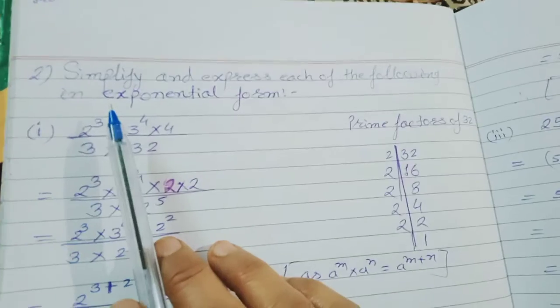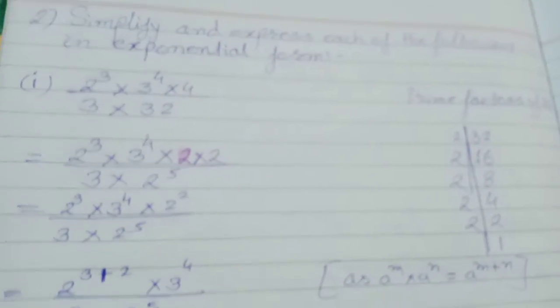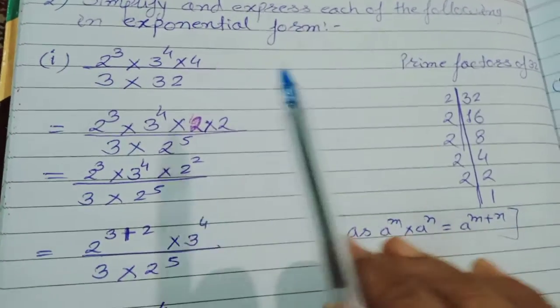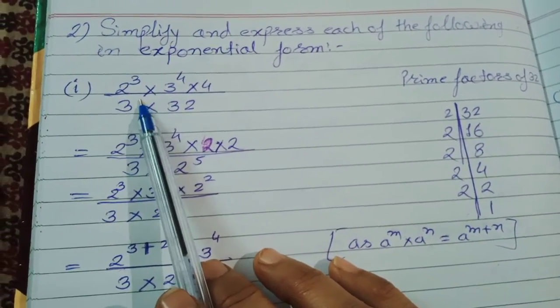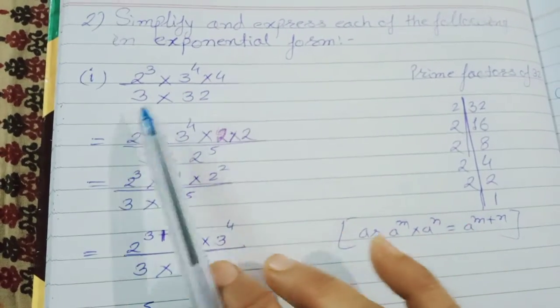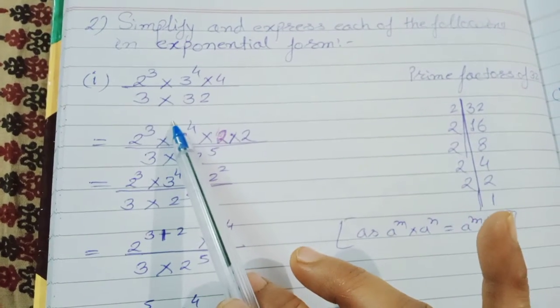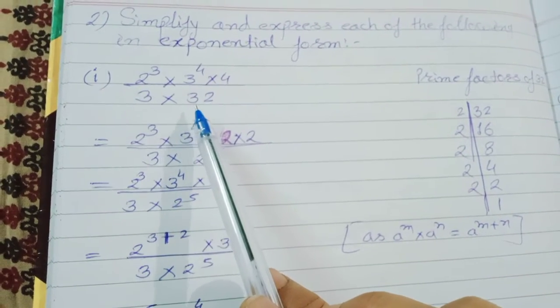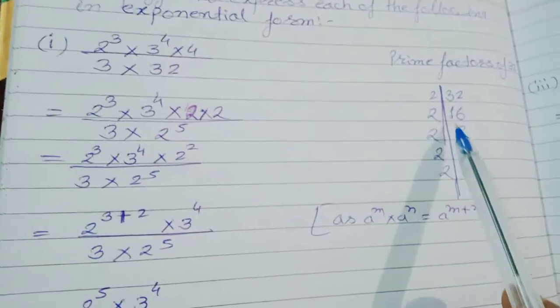Question number 2 is simplify and express each of the following in exponential form. Students, this is the question 2 to the power 3 into 3 to the power 4 into 4 upon 3 into 32. Here 32 is given, so we have to solve this 32 by prime factorization method.